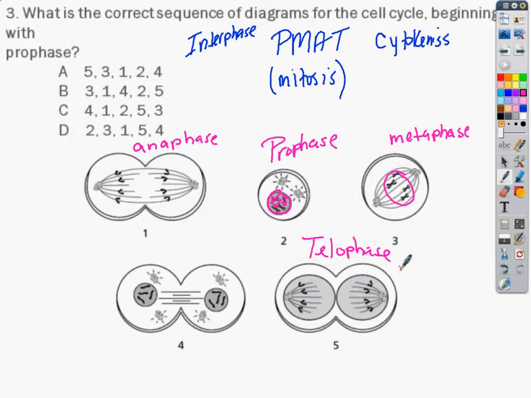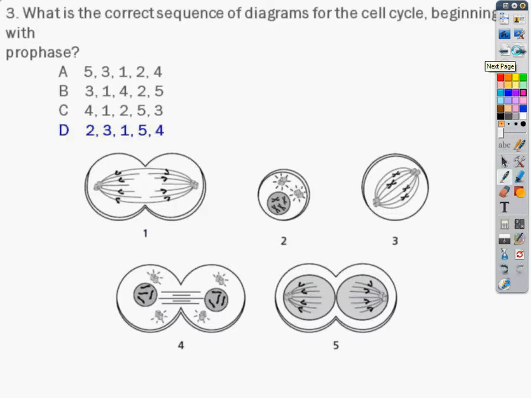And then lastly, you have cytokinesis. We have the nucleus completely reformed, and you have this cleavage furrow, which is the pulling apart of the cytoplasm. And so if we look, we're going to go for 2, 3, 1, 5, 4. So D would be the correct answer for this question.